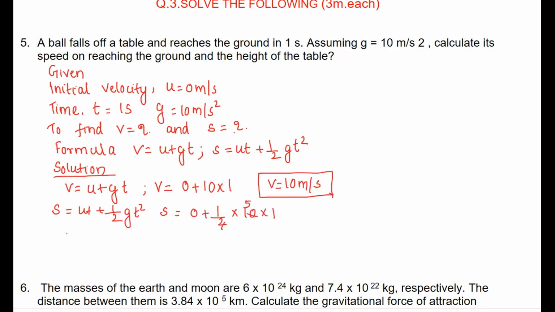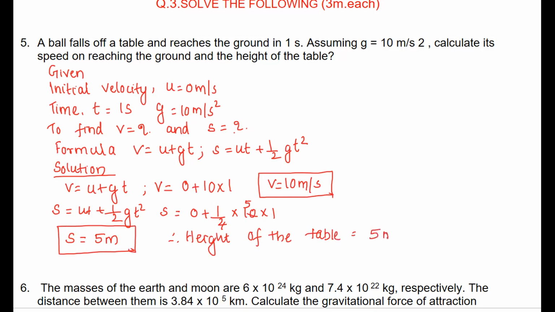So we will get s is equal to 5 meter. This is the height of the table. Therefore, height of the table is equal to 5 meter. I hope you all understood this sum.